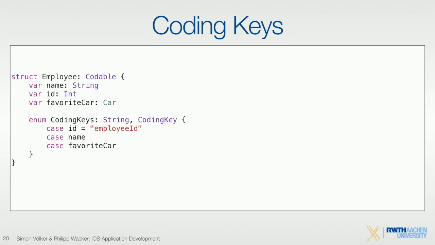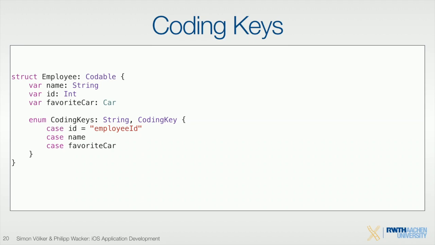And here you can actually define this enum inside your structure that gives you the option to choose what the coding key should be. So it's a string and a coding key type. And here you can say, okay, the ID should be employer ID. And from now on, every time you encode and decode something, the key for this ID will be employer ID.